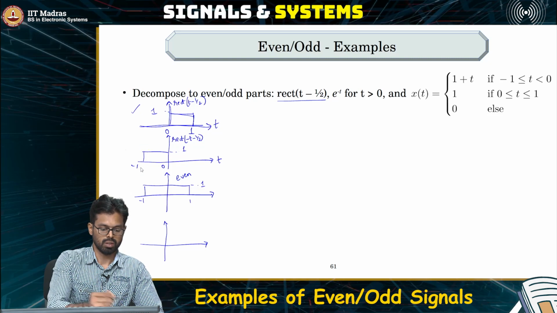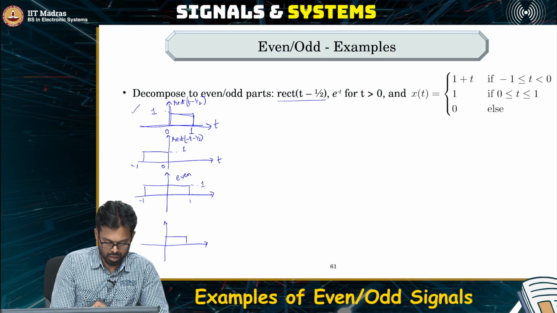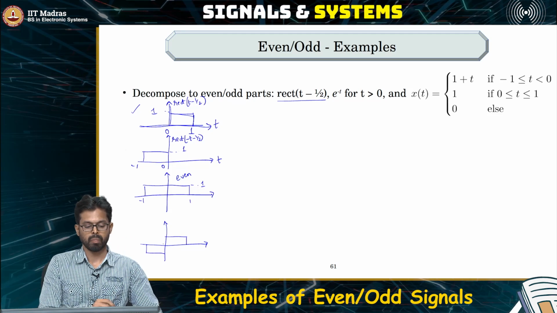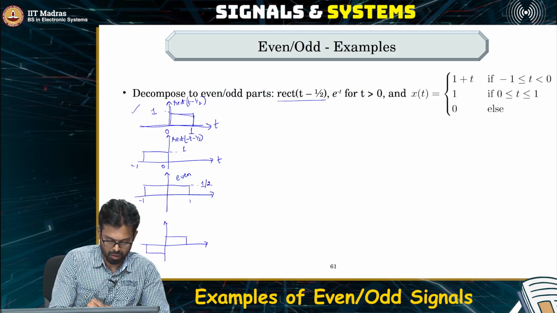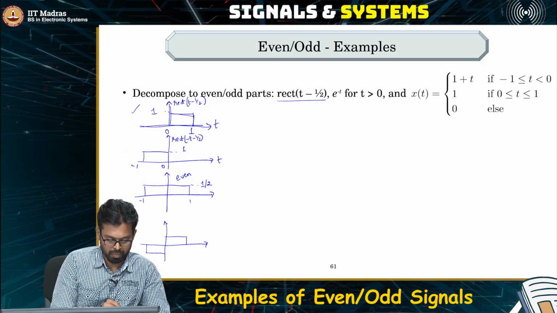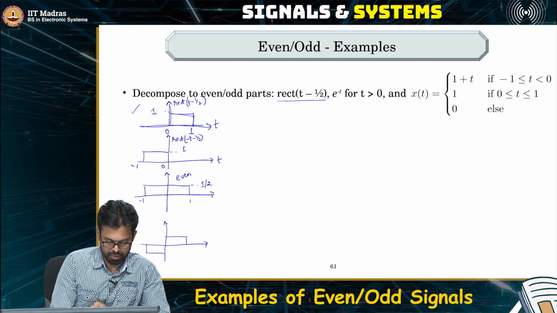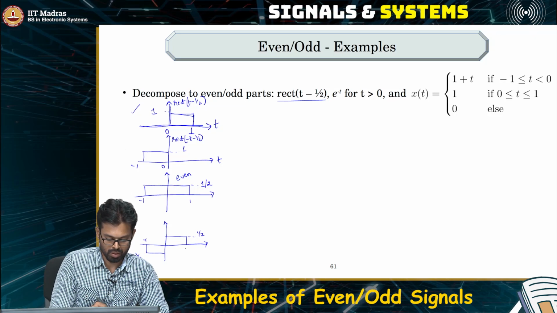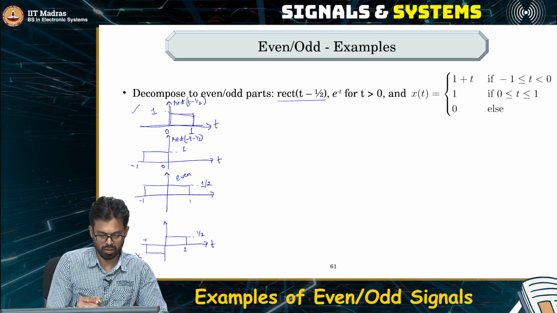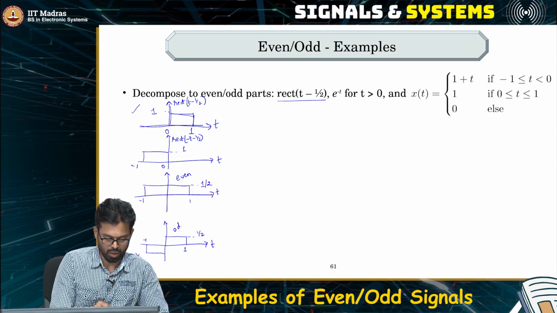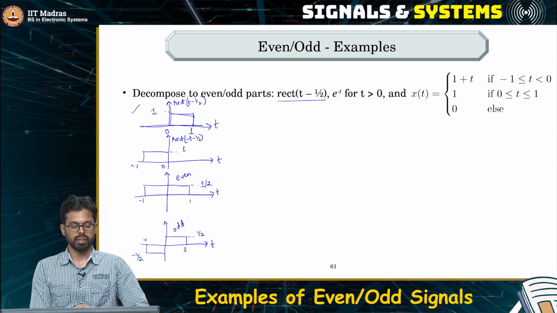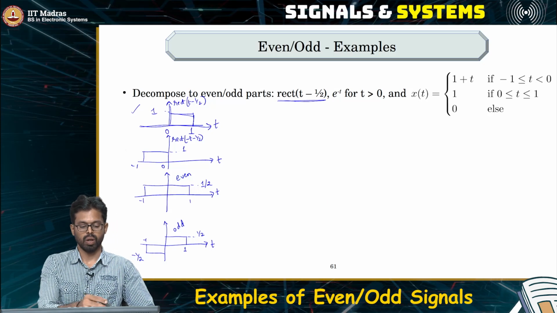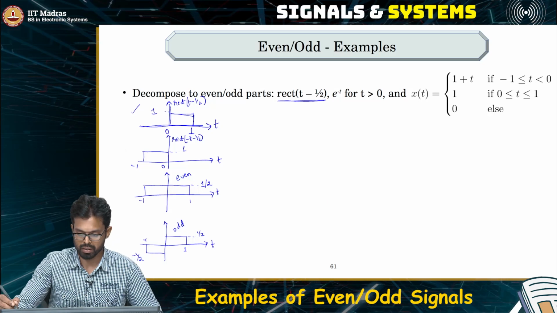In other words, we'll get something like this, where this is minus half, this is plus half. This is the odd part. So now we have the odd and even components of rect of t minus half. Now when you add these two, we'll get the original signal back.